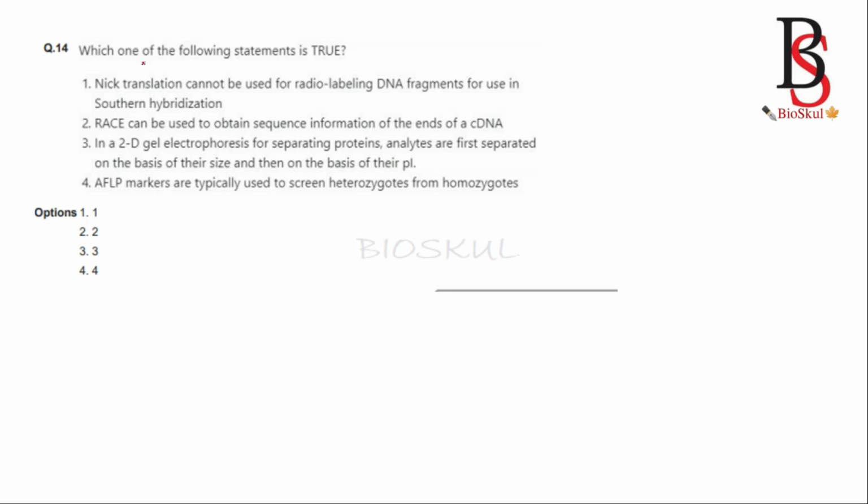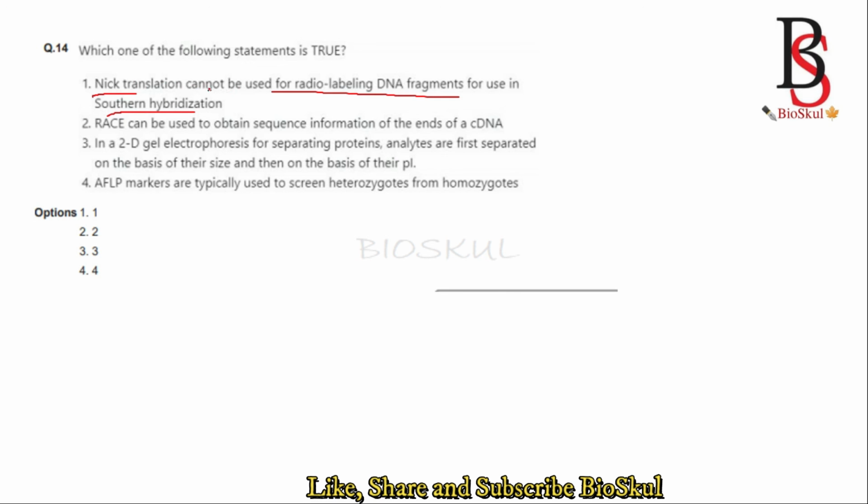Okay, question number 14. Which one of the following statements is true? Let's see. Nick translation cannot be used for radio labeling of DNA fragment for use in southern hybridization. Nick translation is used for radio labeling DNA fragment for use in southern hybridization.